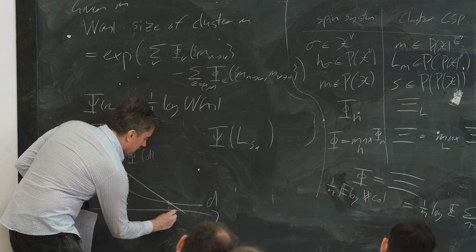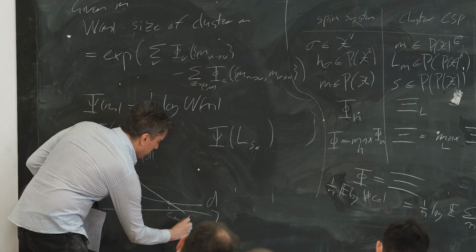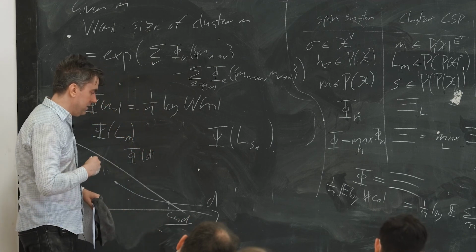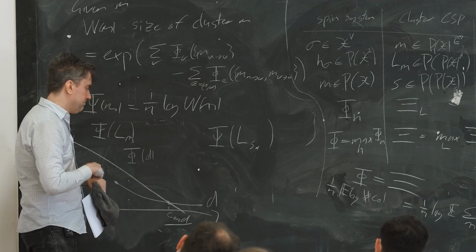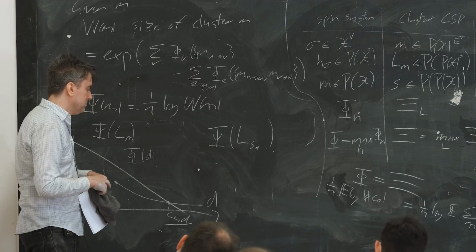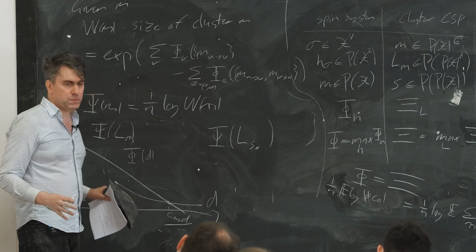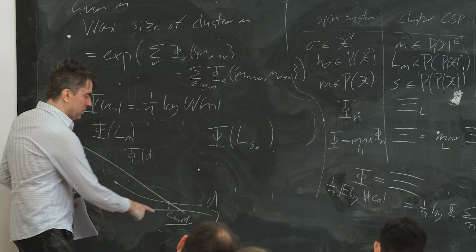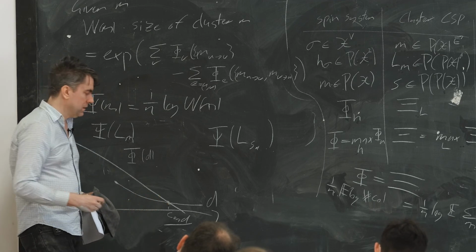This is the condensation threshold. This is the point at which the model stops being replica symmetric and more complicated things start happening.